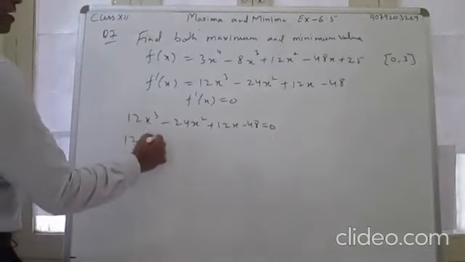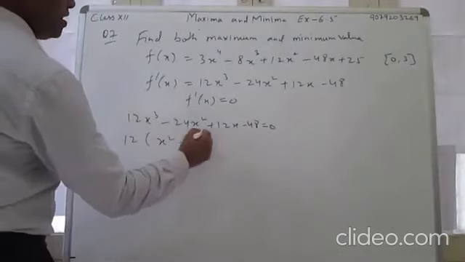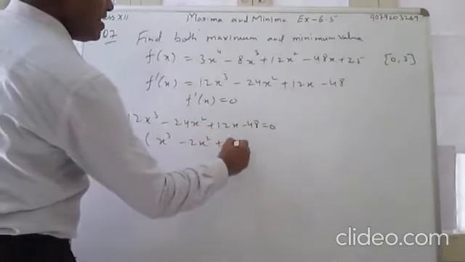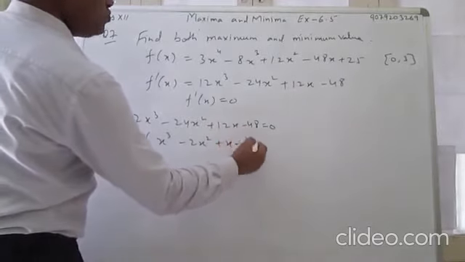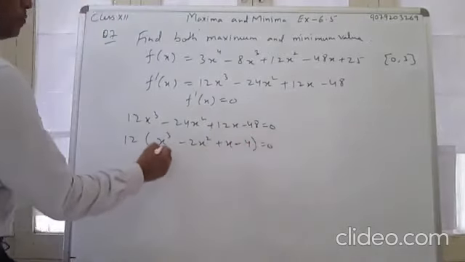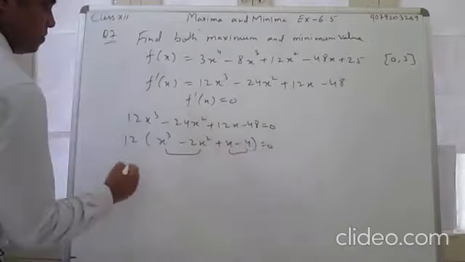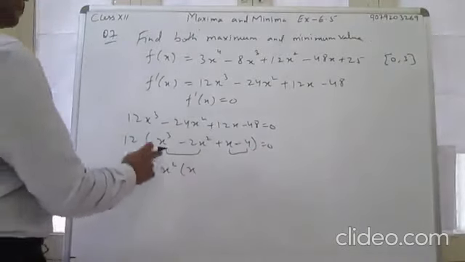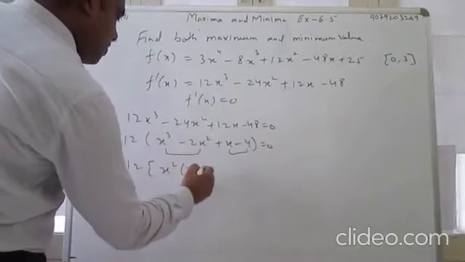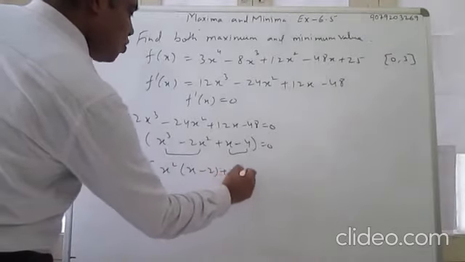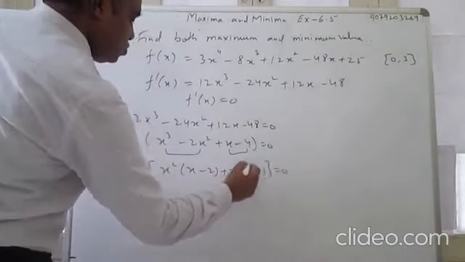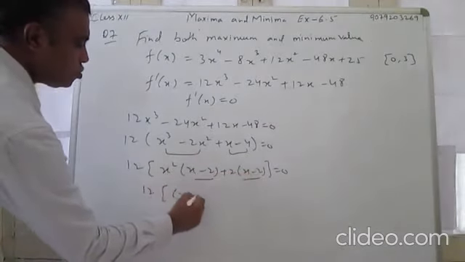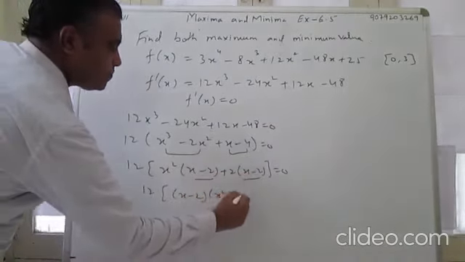Taking 12 common, x cube minus 2x square plus x minus 4 is equal to 0. Make grouping of this, these two and these two. I will take x square common, it becomes x square common, x minus 2, plus 2 common, x minus 2 is equal to 0. Again I will take x minus 2 common, and the remaining in the other bracket.